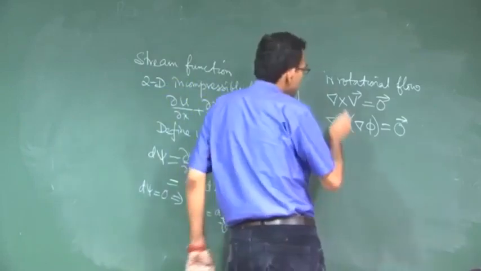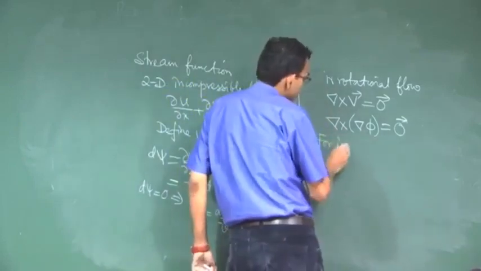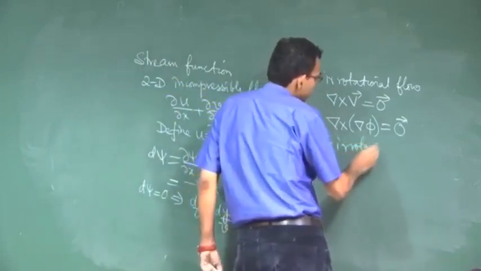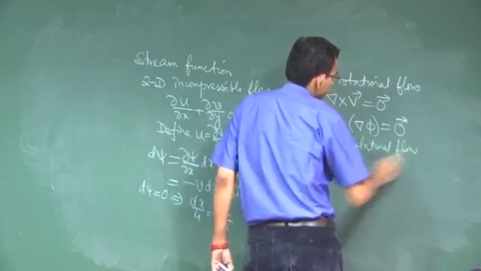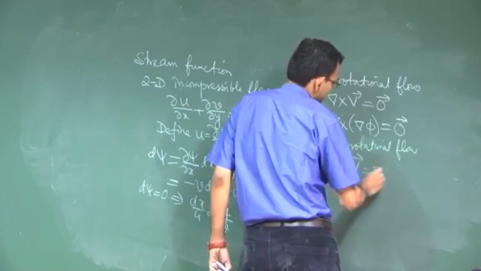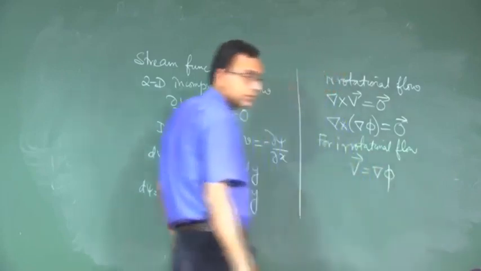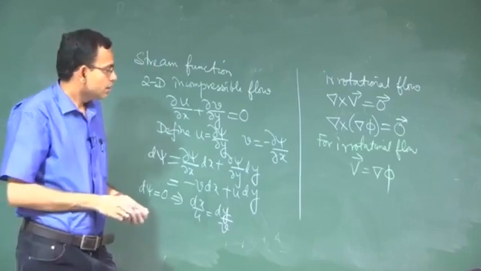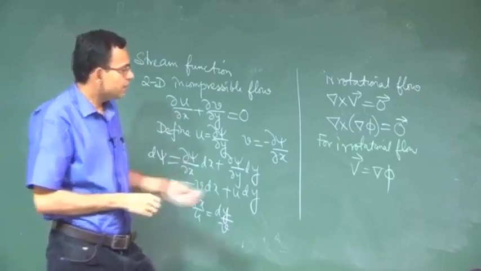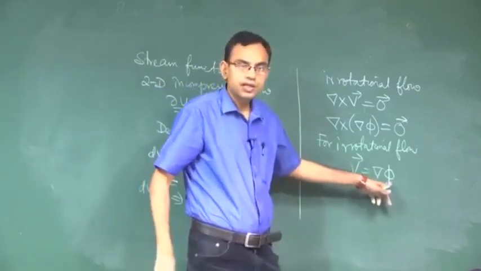Therefore for irrotational flow, only for irrotational flow, you can write this. So this phi is called as velocity potential.